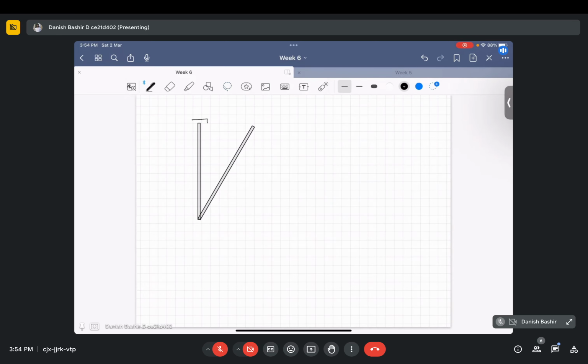These are fixed at this side and this side. This distance is given to be 300 meter, and this is 400 meter.